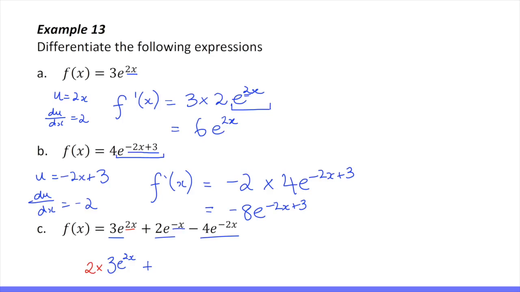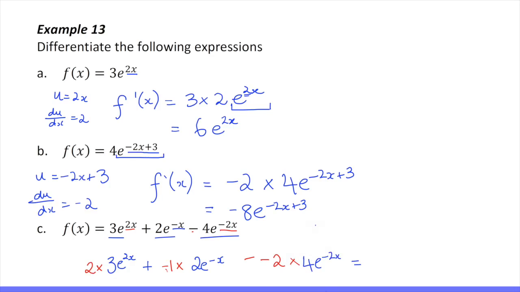The derivative of negative x is negative 1. And finally, the derivative of negative 2x is negative 2. So that's minus, so this minus here, and then minus 2 times 4e to the power of negative 2x.